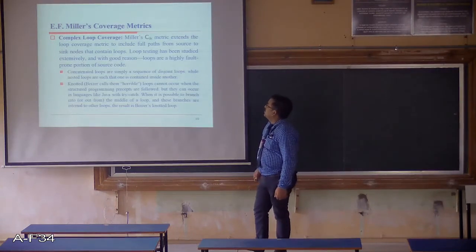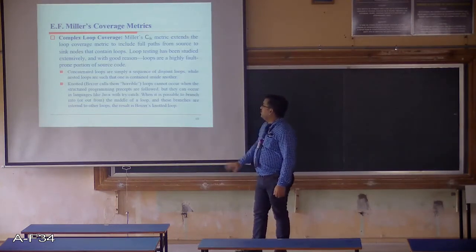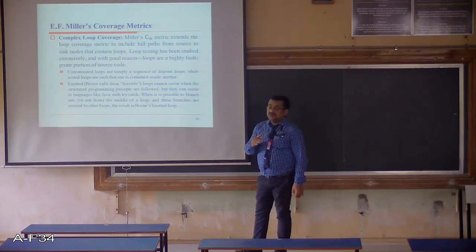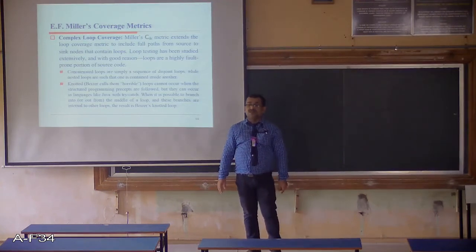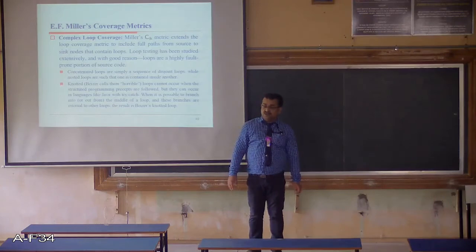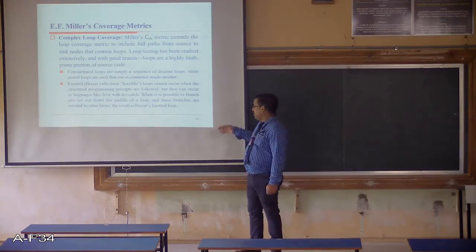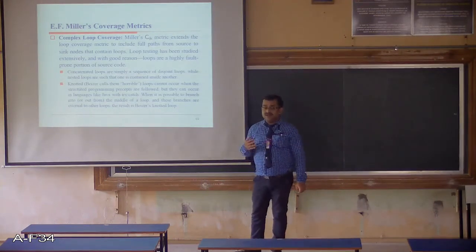Loop testing has been studied extensively for good reasons, because loops are highly fault-prone portions of the source code. Remember that testing of loops is one of the most important parts of white box testing, because loops are the portions which normally lead to faults in a program.